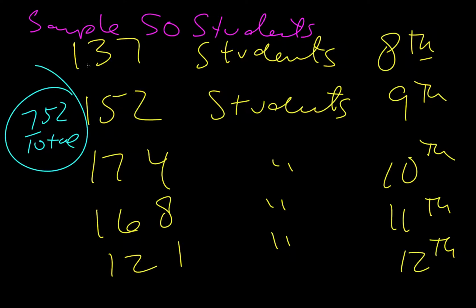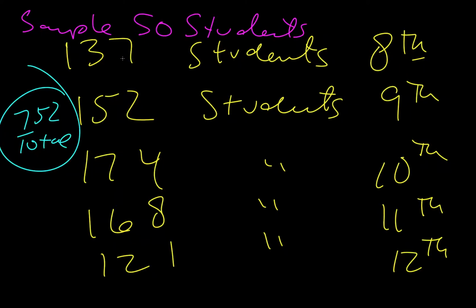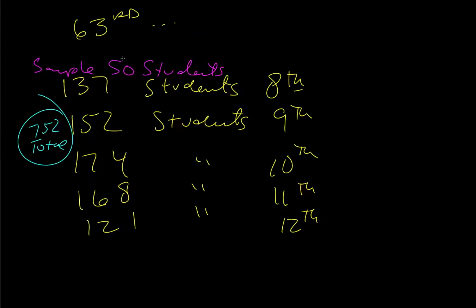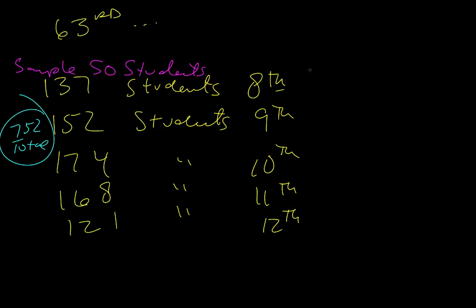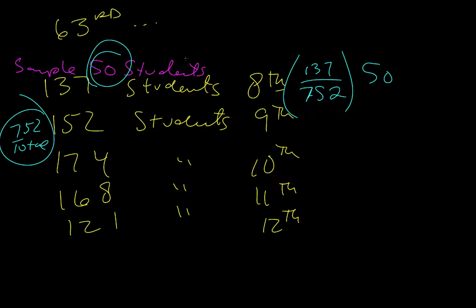And so we need to know what percent of the students each year is. What we're going to do is take 137 divided by 752, and then we're going to times that by 50, because we want to sample 50 students.